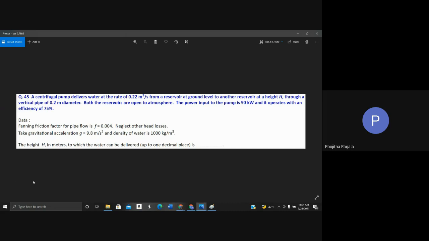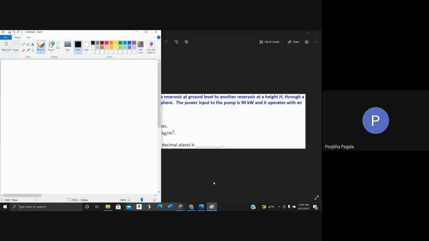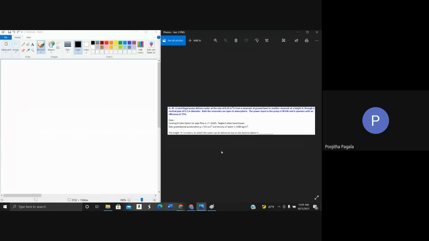Okay, now let us see how we can proceed with this. So the flow rate is given. Flow rate is 0.22 meter cube per second, from a reservoir at a ground level to another reservoir at a height h.